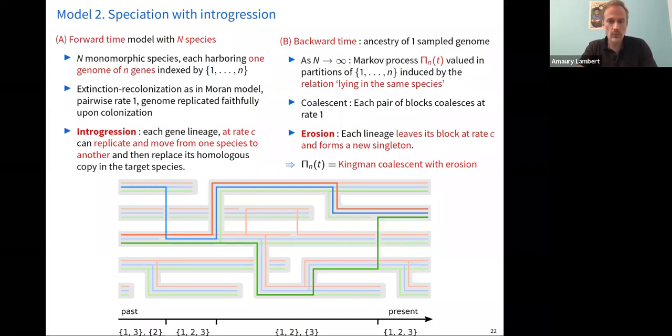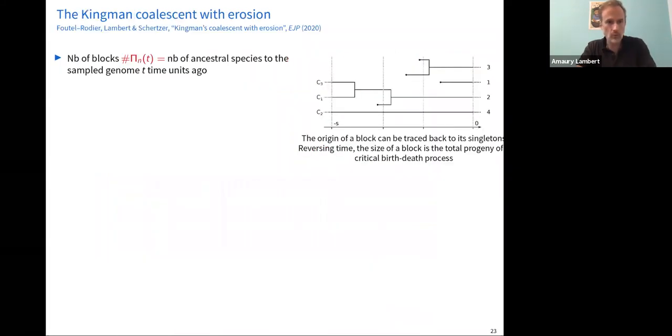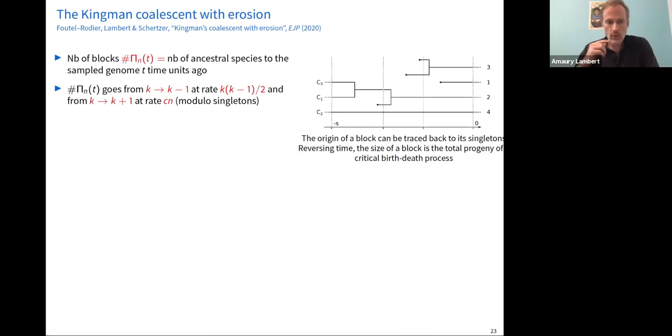And thanks to the skill of Félix Foutel-Rodier, we managed to get some nice results on the stationary state of this process. So first, recall that the number of blocks at time t is the number of ancestral species. It's the number of species that contribute to the genome that you have sampled at present time. And now recall that this number of blocks in the Kingman coalescent with erosion, the backward time picture, goes from k to k minus 1 at rate k choose 2.